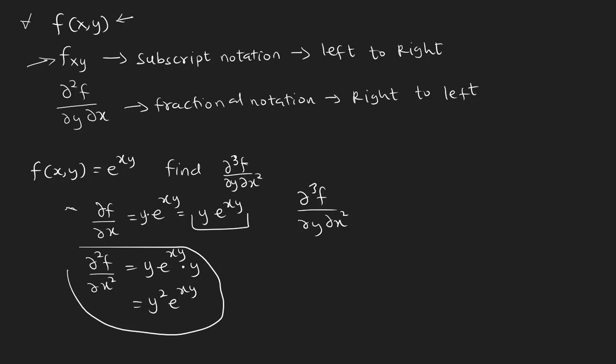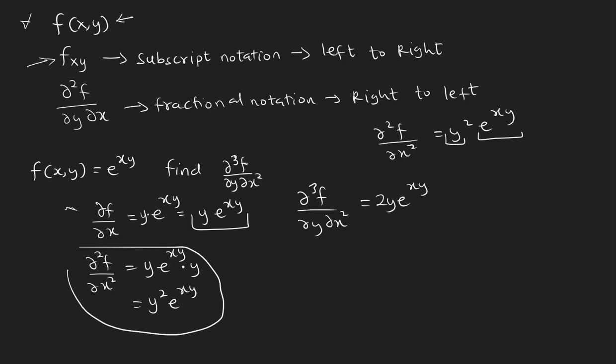Let's consider d squared f over dx squared, which is equal to y squared e to the power of xy. I'm going to differentiate this with respect to y. I'm going to apply the product rule here. First I'll consider y squared, then I'll keep e to the power xy as a constant. Let's differentiate y squared. That'll give us 2y. Then we multiply by e to the power of xy.